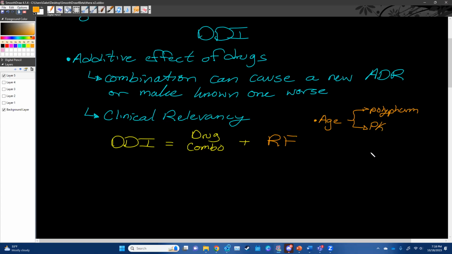And can anyone name what some of those potential pharmacokinetic changes might be? What kind of things change in old people in terms of how they metabolize or get rid of drugs, how they distribute? Yeah, renal function, liver function, body mass.